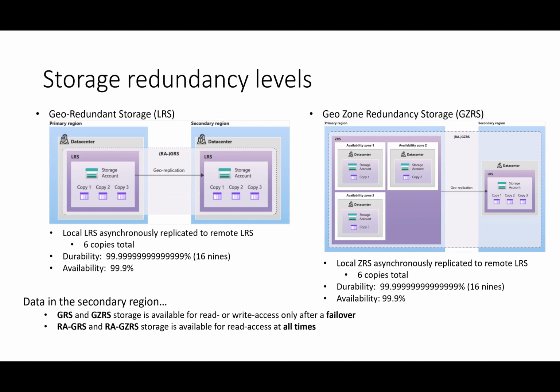However, if you want to get access to that data in the secondary region, say to do something like Active Data Guard does, have a read-only set of data in another region, then you can declare the storage to be read access GRS, RA GRS, or RA GZRS. So you can have availability at all times to what's in the secondary region. So obviously there's a price difference there. So just so you know.